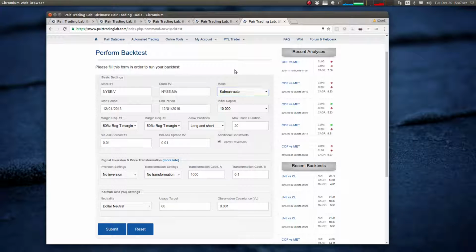Kalman Auto is the simpler one of these two. Kalman Auto works in the way that, instead of just evaluating one Kalman filter with one parameter delta, it will execute many instances of Kalman filter at once, and each Kalman filter instance has a different delta as a setting.